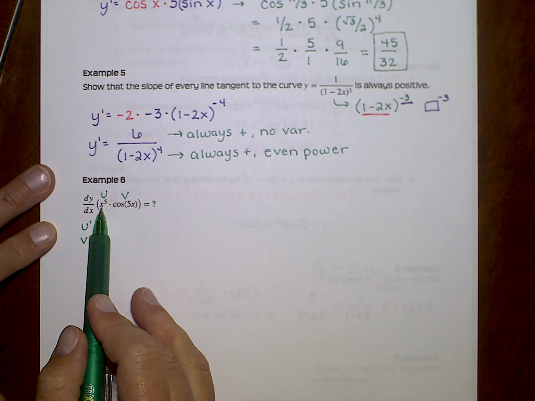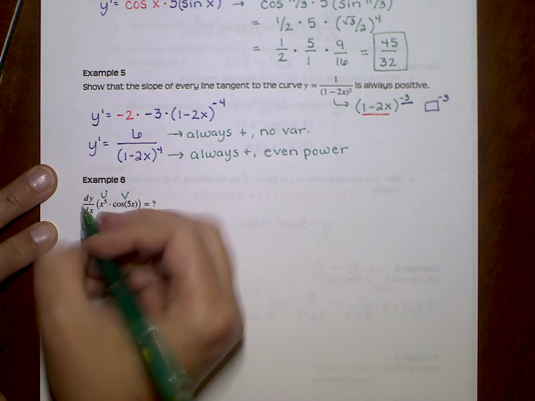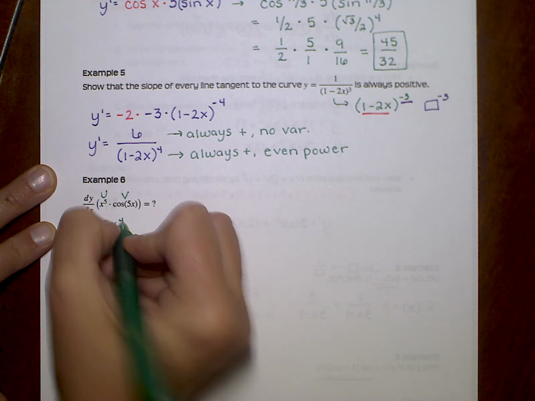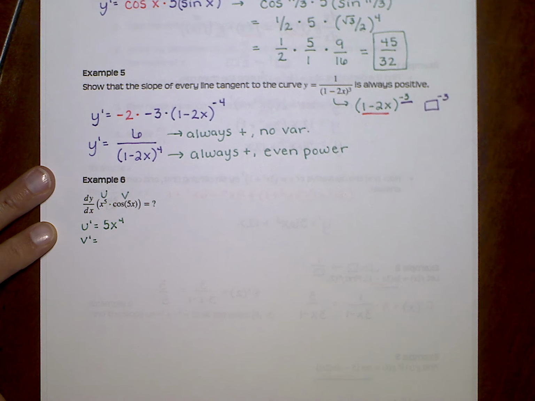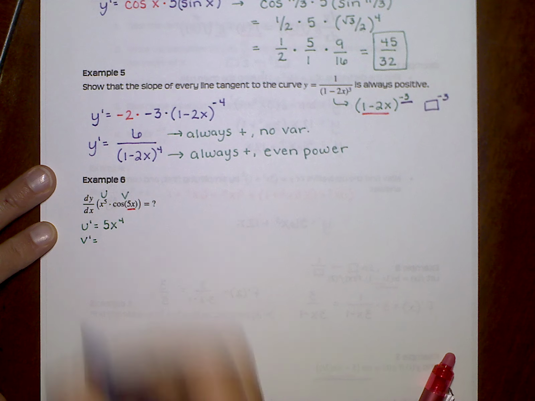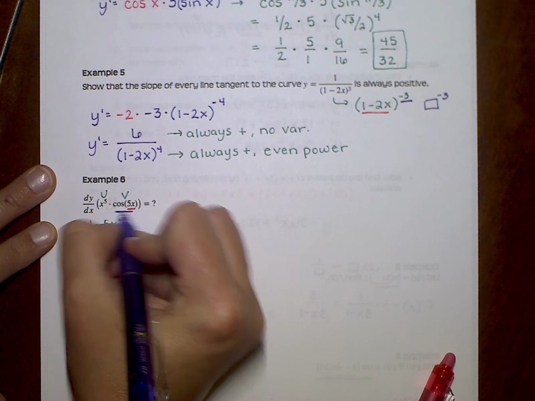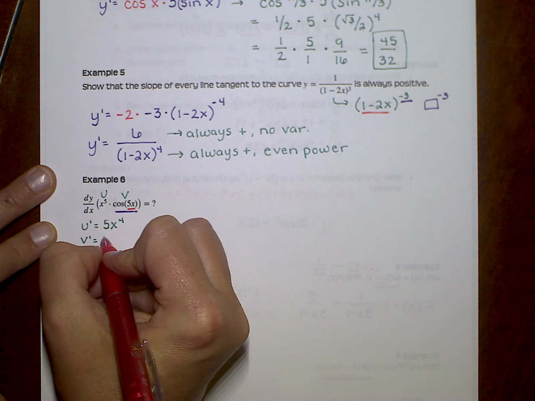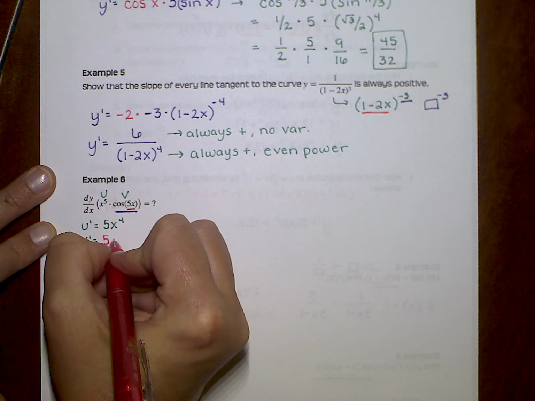Well, u prime is just, what's the derivative of x to the fifth? Well, that's 5x to the fourth. But for v prime, we've got some chain rule going on here. So in our chain rule, we've got a 5x living inside a cosine function. So for my v prime, my derivative of 5x is 5.